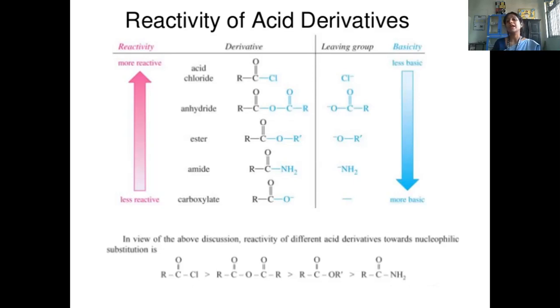If the leaving group is a bad leaving group, like the amide group, it will not let the reaction happen easily, so the reaction will be slower and the acid derivative will be less reactive. So if we compare the ability of the leaving groups, we find that acid chlorides are the most reactive, followed by anhydride, followed by ester, and least reactive is amide.